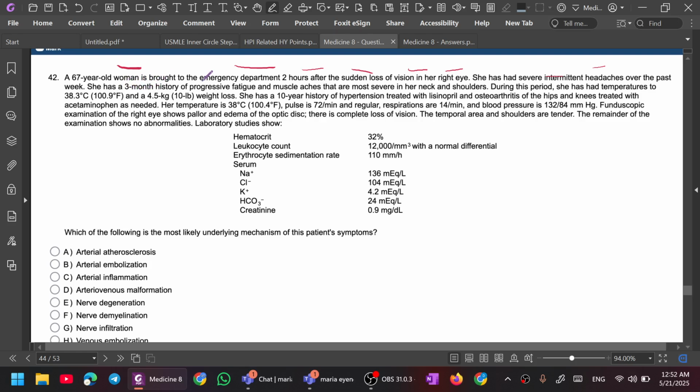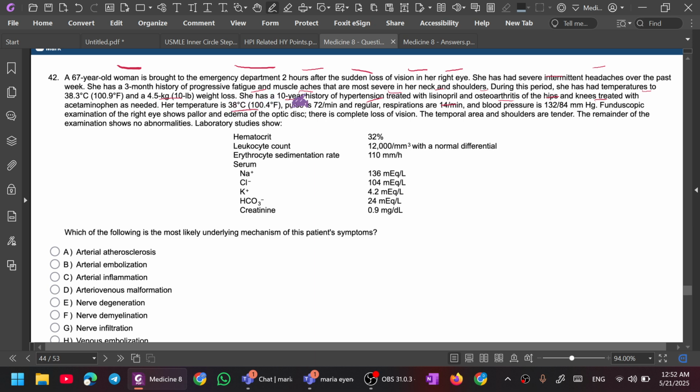She has a 3 month history of progressive fatigue and muscle aches that are most severe in the neck and shoulders. During this period, she has had temperatures to 100 degrees Fahrenheit and a 4.5 kg weight loss. She has a 10-year history of hypertension, treated with lisinopril, and osteoarthritis of the hips and knee, treated with acetaminophen.